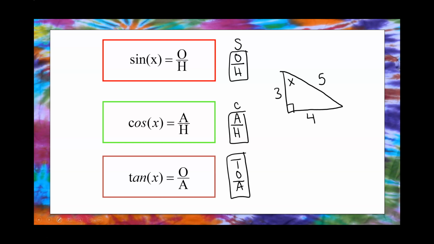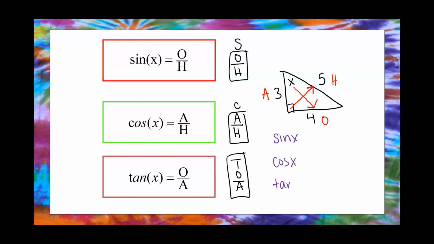All right, if we've done that, we want to go ahead and label our sides. To do that, we, of course, go across from the 90. That's our hypotenuse. Go across from our angle. That's our opposite. And the remaining side is our adjacent. All right, so now let's go ahead and do this problem. What is sine of X? What is cosine of X?